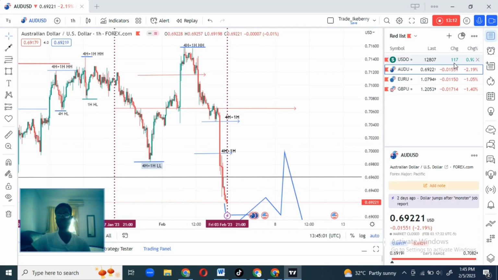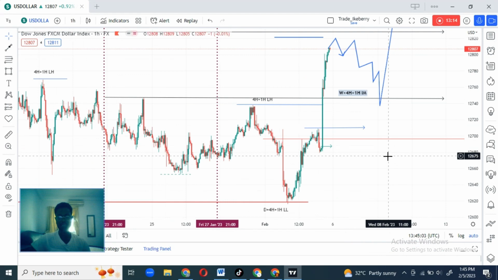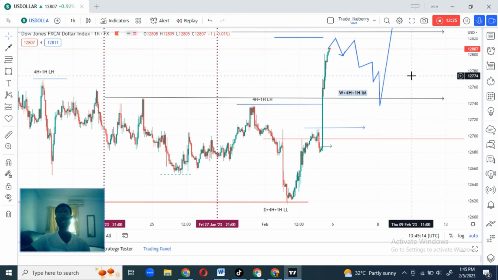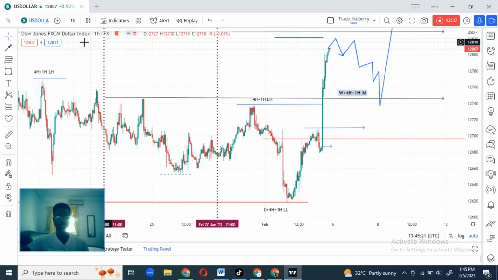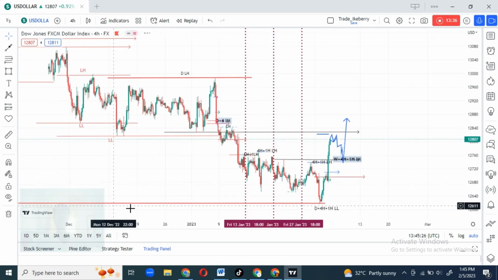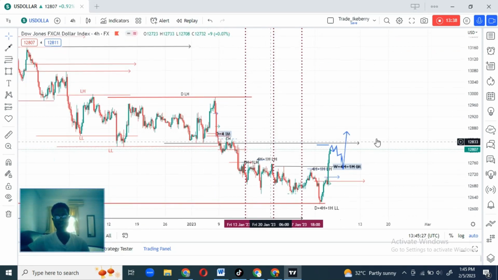Same as on the USD index, we expect price to come into the weekly, 4H and 1H imbalance, as well as the 4H and the 1H previous structure here, and then take an upside trend and back into bullish. And then we don't expect price to break the daily lower high, but we expect price to come a little into these imbalances here. That is what we expect to see from price.